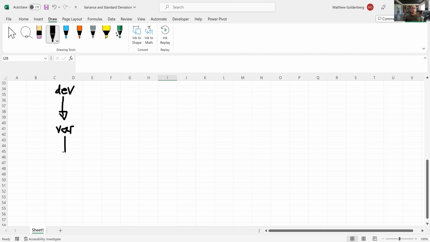You only get the standard deviation, and I'm just going to type this because it's easier, if you have variance. You need variance first. So standard deviation is sort of an additional part of what variance means.